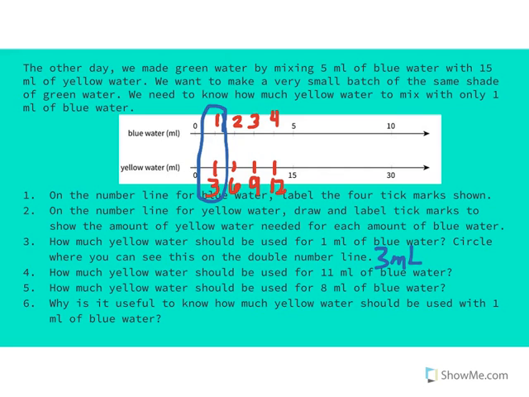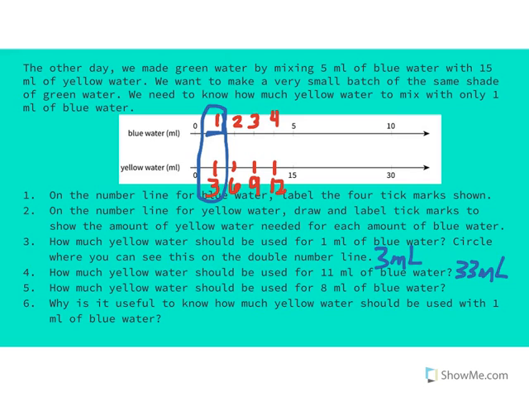So let's take 11 times, and when we look at the number 1 here, because that's 1 milliliter of blue water, we're taking 11 times 1 to get 11 milliliters of blue water. And anything I do to one number, I have to do to the other. So that means take 3 times 11. That means that we're going to have 33 milliliters of yellow water.